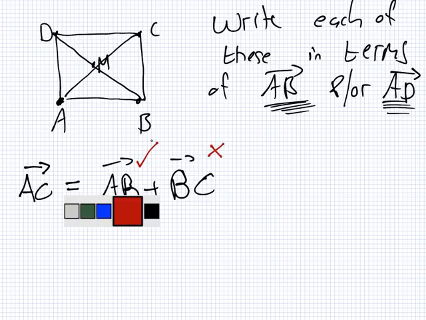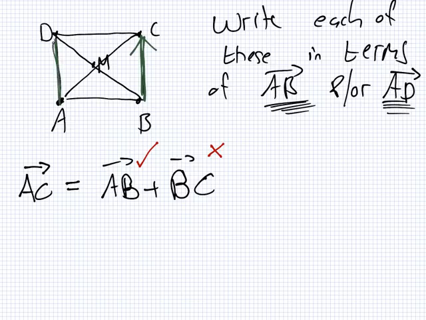So if you look at your picture, you will spot that BC is the same as some other vector. Why are those the same? Because they're parallel and the same length, because it's a square. So the answer is AB plus AD. Right, let's try a harder one now. AM.